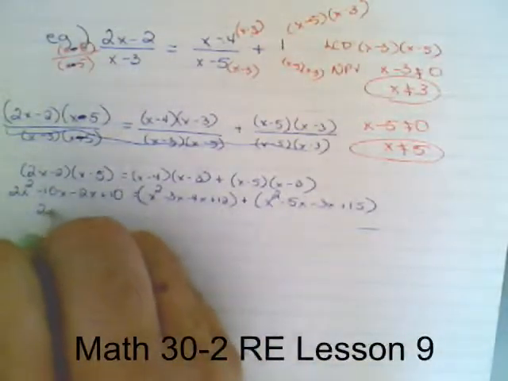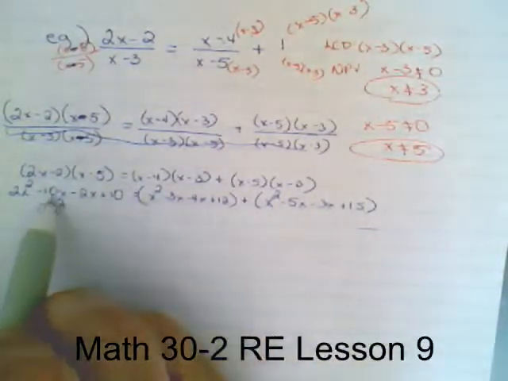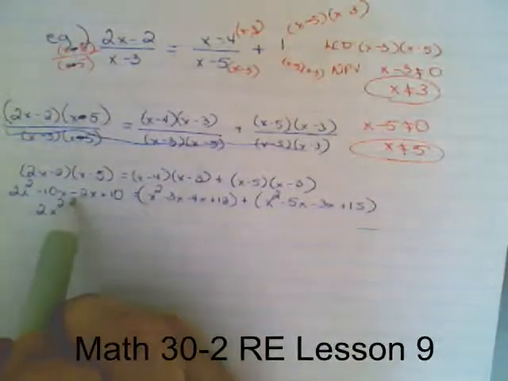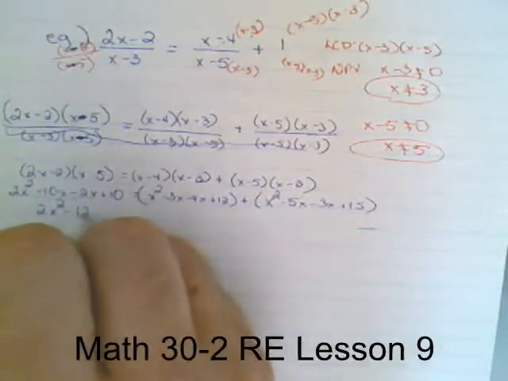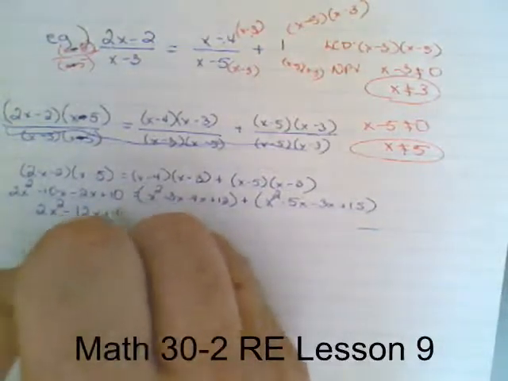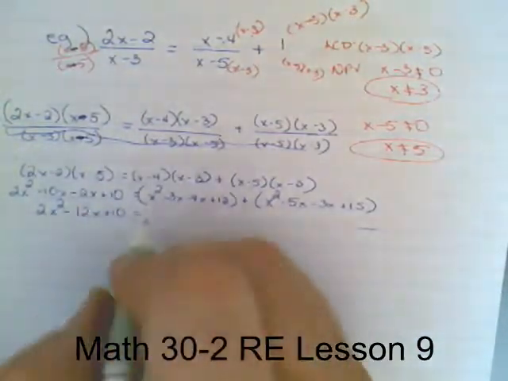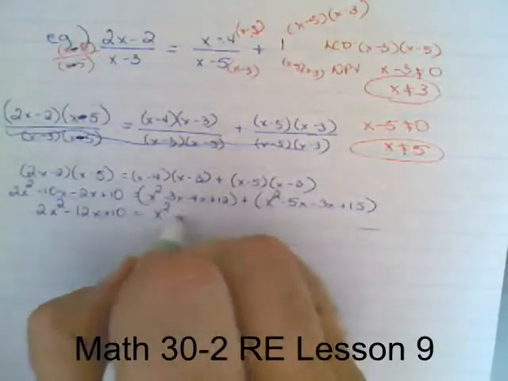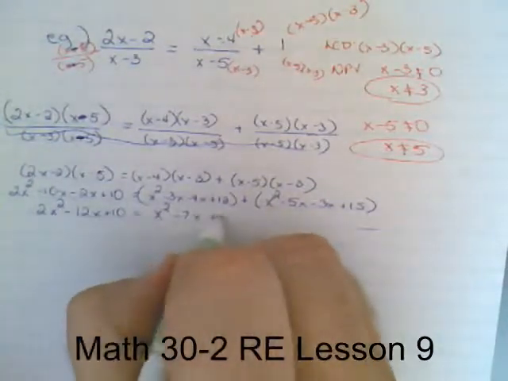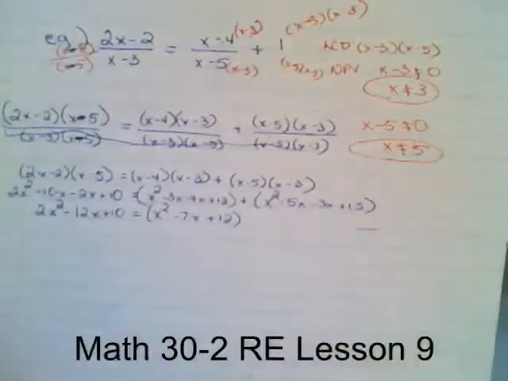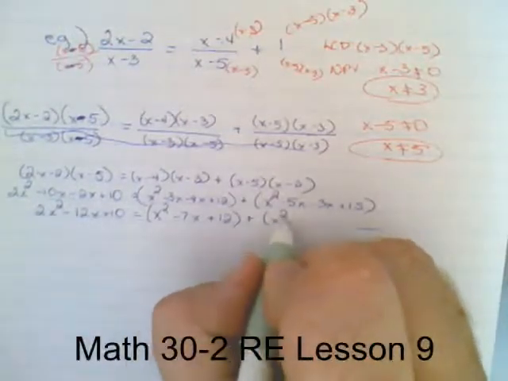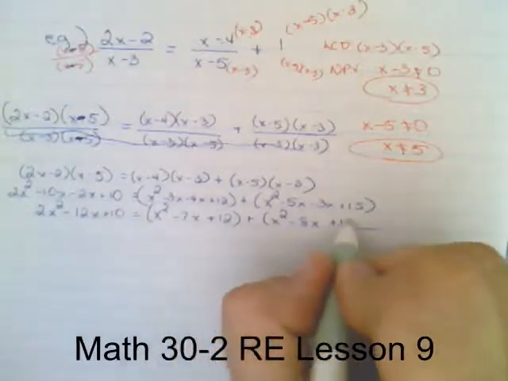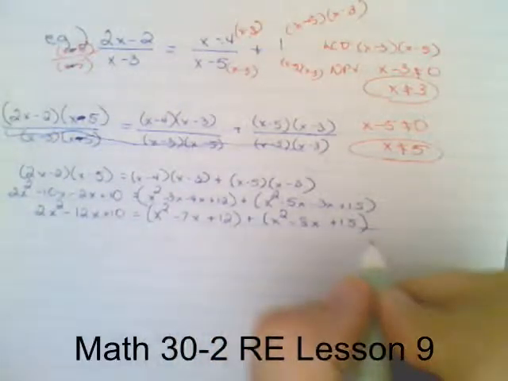So I'm going to clean this up a bit: 2x squared, and putting those two like terms together, negative 10 minus 2 is minus 12x plus 10. Here I'm going to get x squared minus 7x plus 12. And here, x squared minus 8x plus 15.